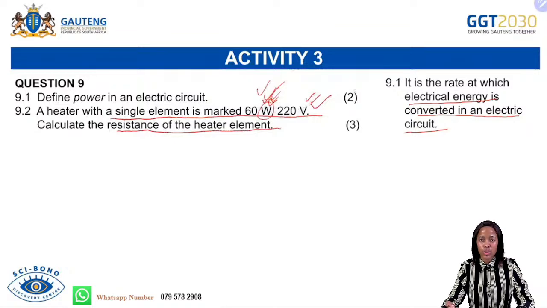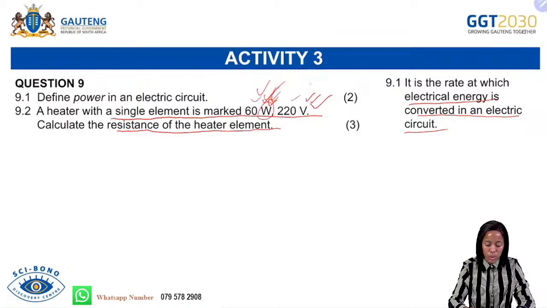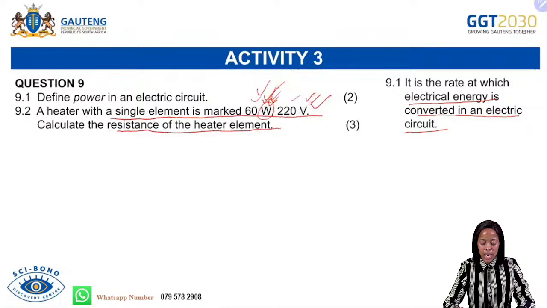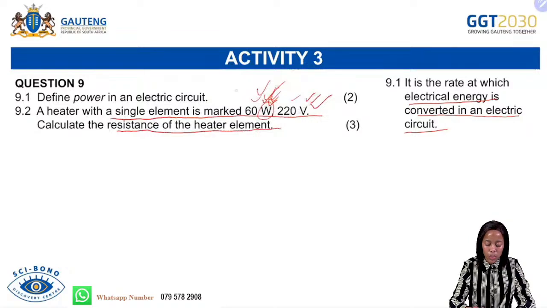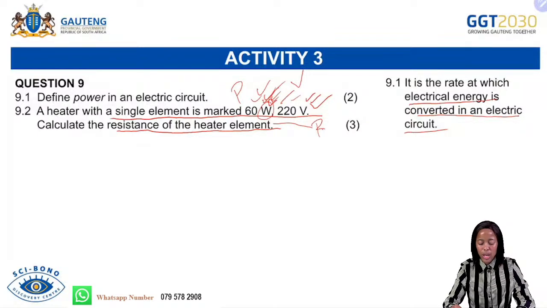So you need to know the units so that you are able to identify the correct formula. You are going to use your formula sheet and look for where you have power, the potential difference, as well as the resistance.